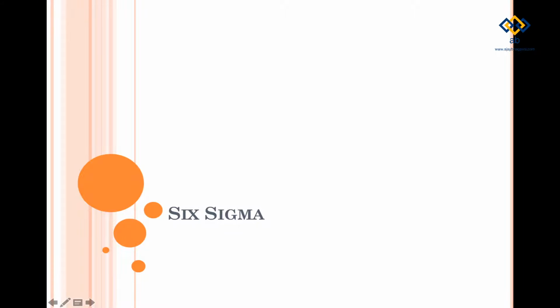So Six Sigma is a very robust technique which increases our accuracy, but it does not take us to zero defect. And hence you can relate it to the continuous improvement which yesterday we were talking about.